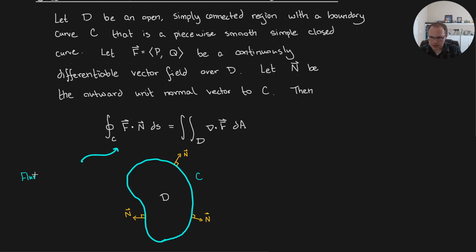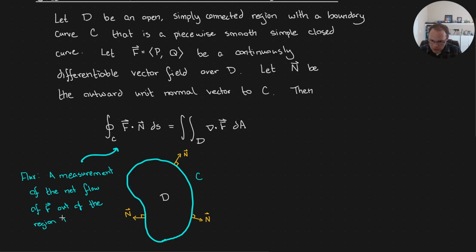The flux is a measurement of the net flow of the vector field out of the region D, right?